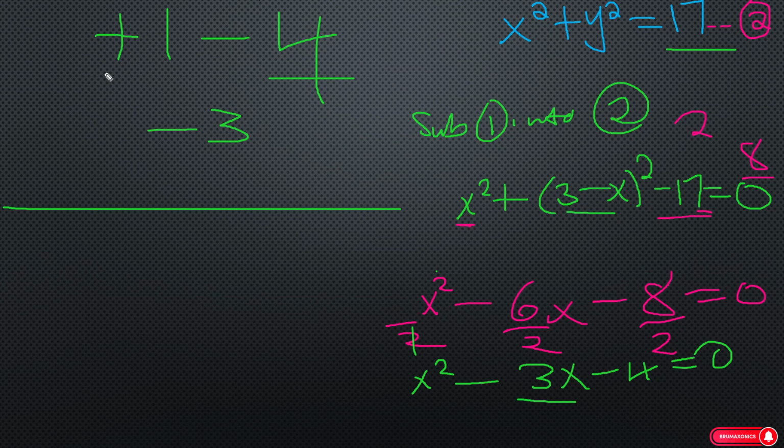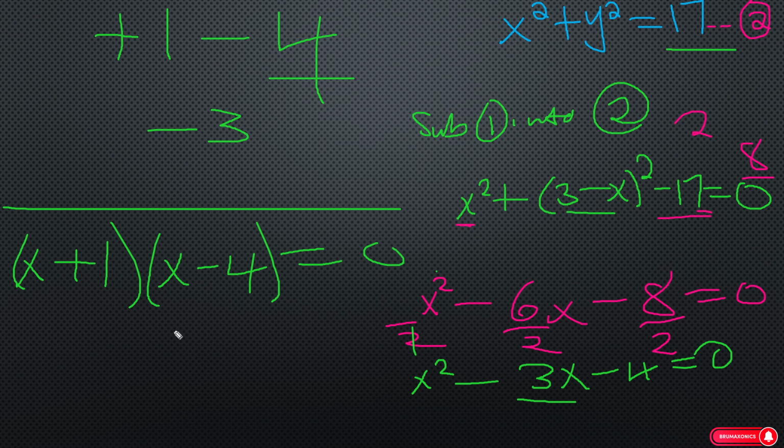So this is how it is: x plus 1, and then x minus 4 equals to 0. So when we add plus 1 and negative 4, we get negative 3, but when we multiply them, we get negative 4. So that's correct. So now our x1 will equal negative 1, and then our x2 will equal 4.